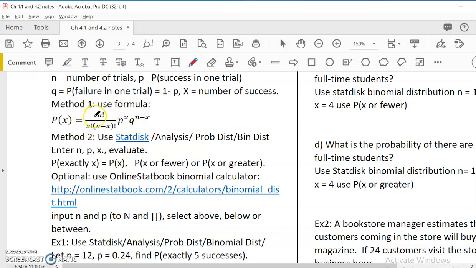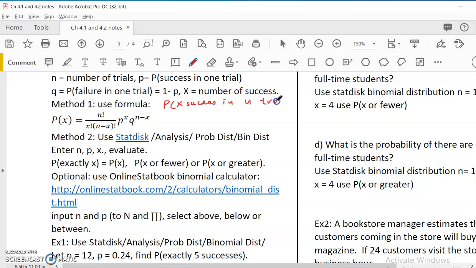Now, how do we get this formula? This formula looks very complicated. So the way you calculate this formula is, this is the probability of X successes in N trials. When we say X, it means X successes in N trials.